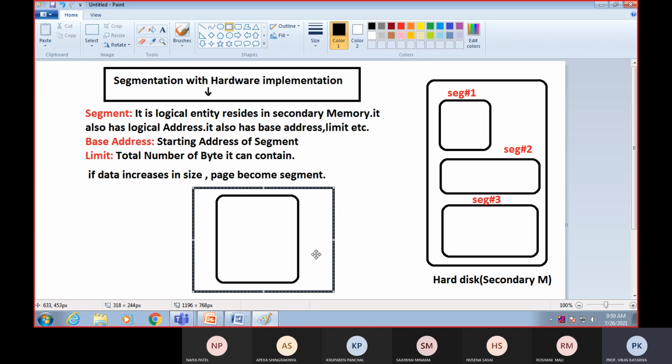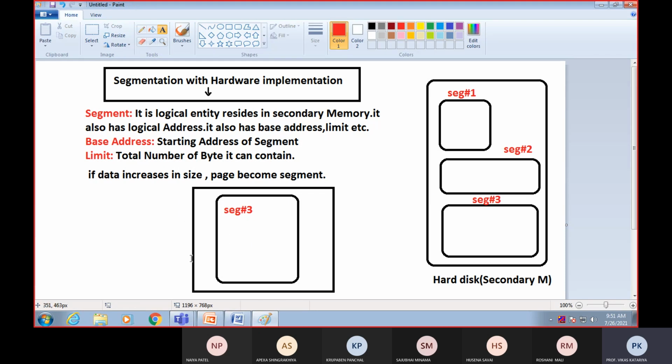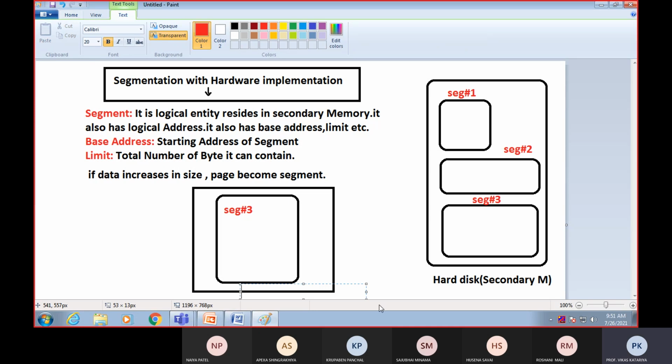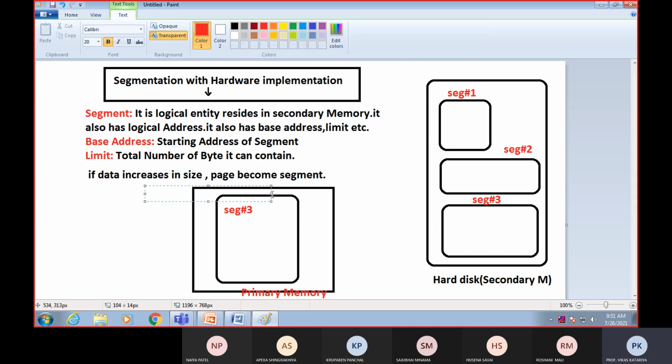This is the primary memory. Let's suppose this is segment number 3 stored in primary memory, and this is the base address.